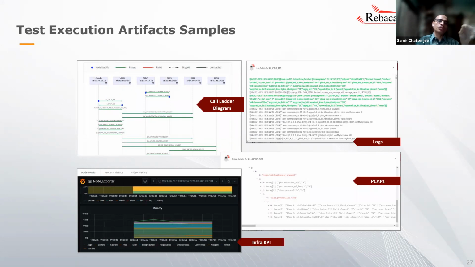We also take a lot of these infrastructure and mobility KPIs, and then we map it on top. So as you run a particular test case, we look at different types of mobility statistics, latency, connection time, control plane, data plane, different traffic types.